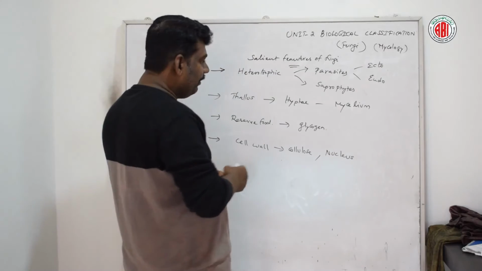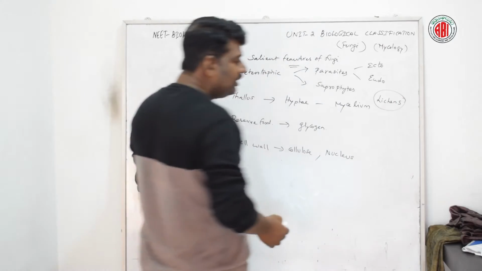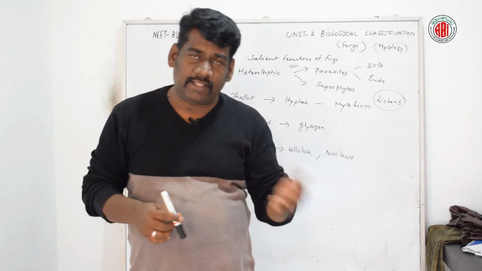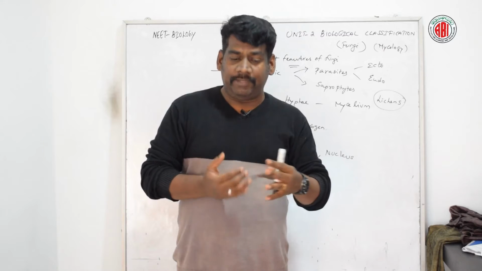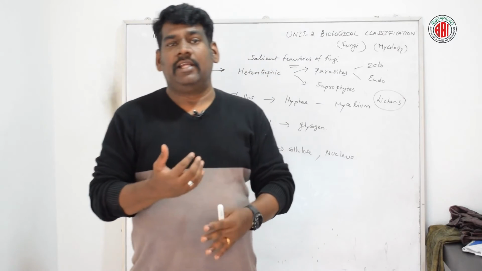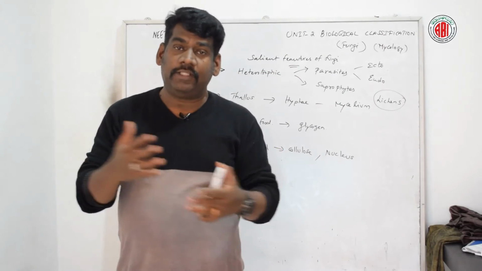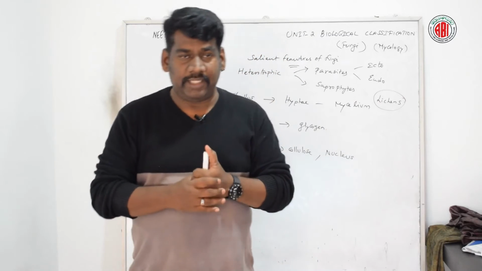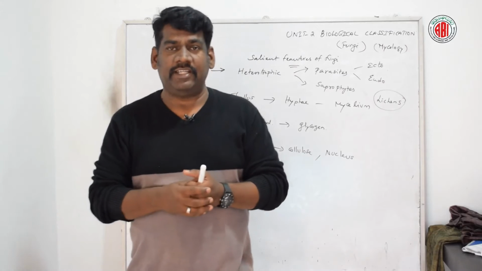It is one of the best examples where two entirely different organisms, one an alga and the other a fungus, have a mutual understanding, sharing their nutrients and also sharing shelter. Both organisms are involved in the symbiotic mode of nutrition, and they help each other.